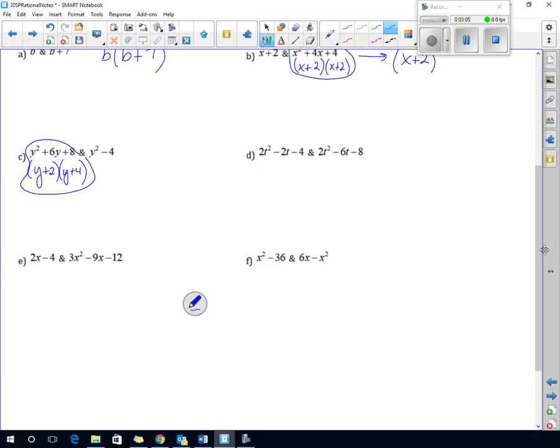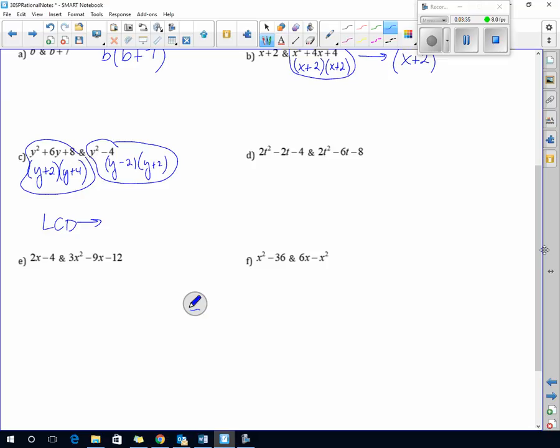What do they both go into? y plus 2 is a common factor, it's not the LCD. They all have to go into it. Okay, the LCD would be y plus 2 times y plus 4 times y minus 2.